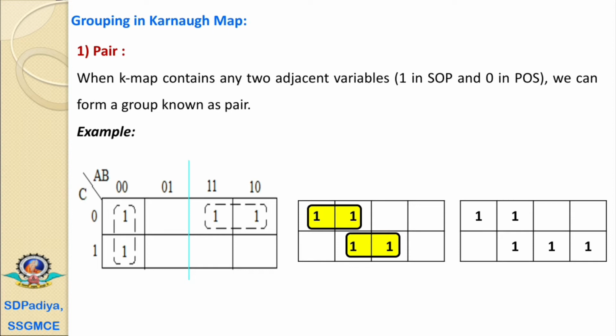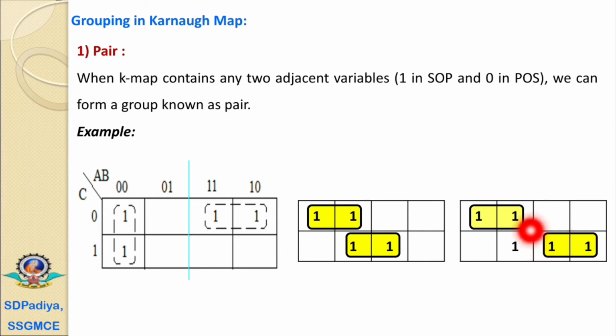These are the conditions. Now we'll consider another example with 1, 1, 1, 1 at particular positions. Here we can form a pair of these 2 variables and a pair of these last 2 variables. Now this one remains. We have to cover all the variables in the K-map.